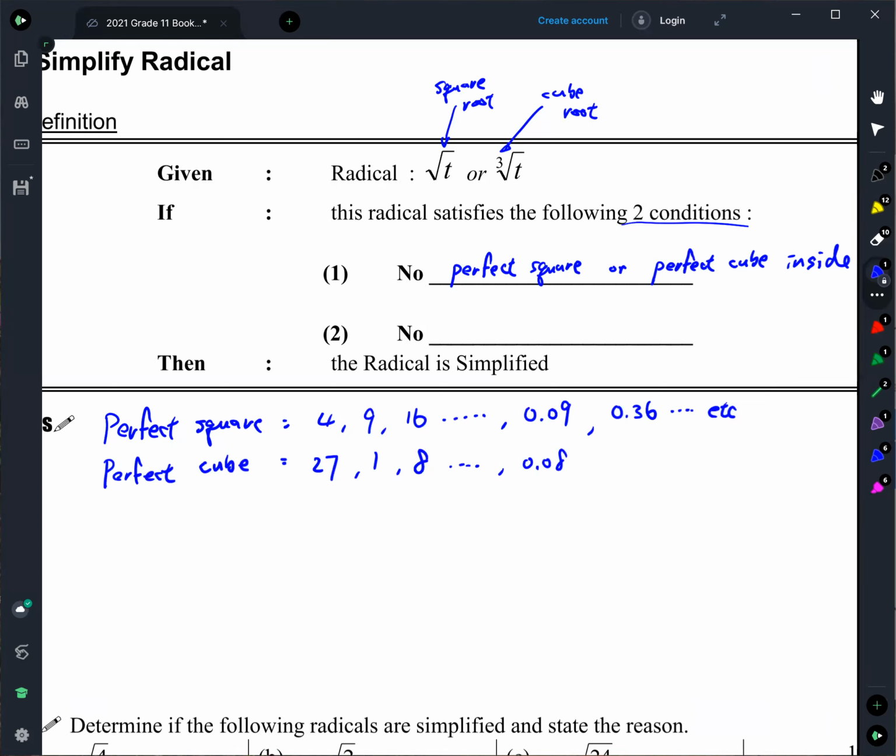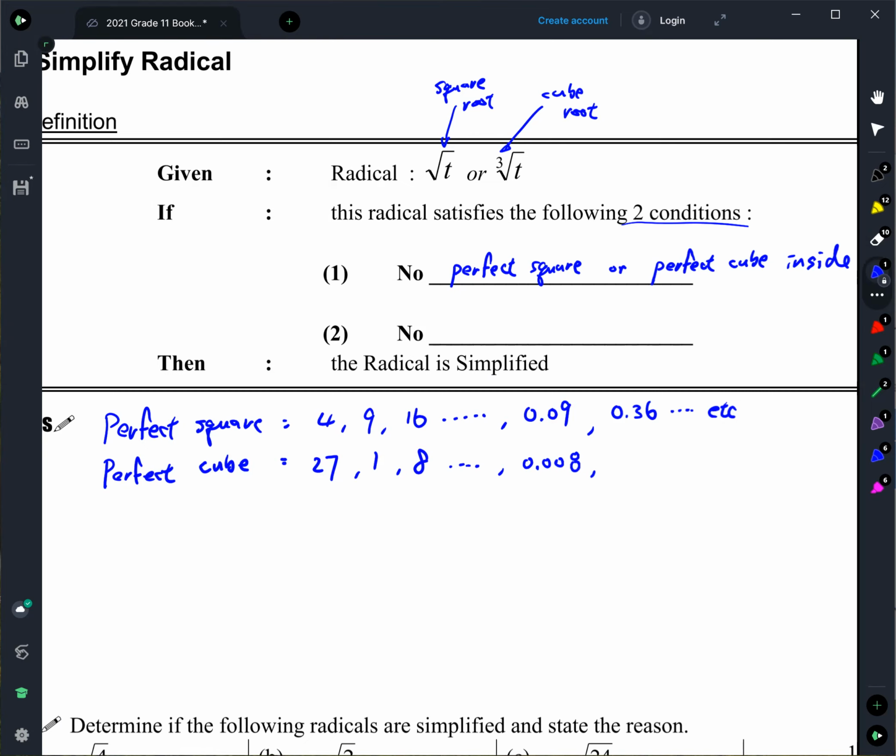Wait, 0.008. Okay, so 2 zeros. So what's the cube root of that? 0.2. 0.2, yeah. Okay, so decimals are a little bit tricky, right? Because when you multiply, you get more decimal places.